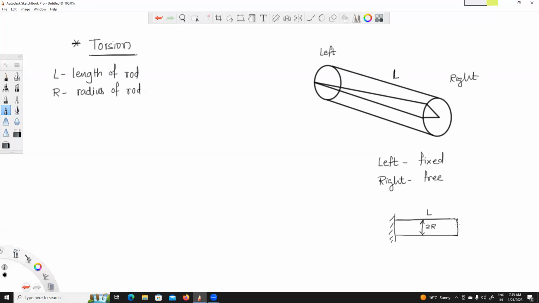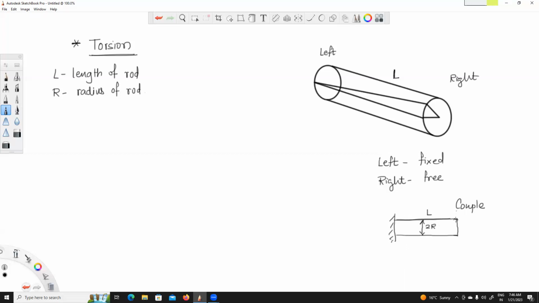Now for bending, in the last class we have studied that if we apply a transverse load at any point on the span of this beam, it is subjected to bending moment. So it will bend and it will have a certain depression at each point, right? Similarly, if I apply a couple at any point on the span of this rod, which you can even call a cantilever beam, then it is going to twist as this end is fixed.